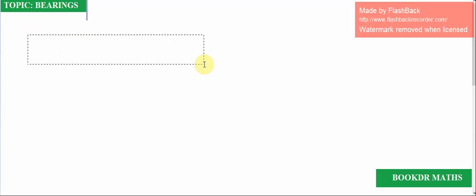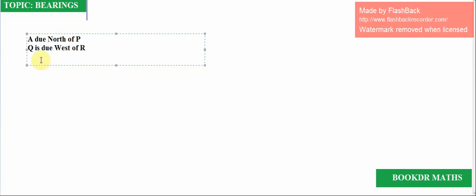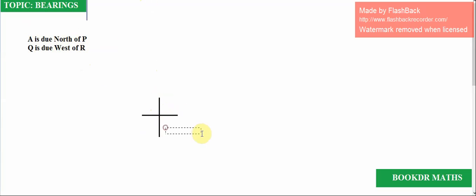Sometimes you will hear something like A is due north of P, Q is due west of R, or something is due south of something. What does it mean? When you say A is due north of P, it means if this is my relative position P, remember, the exact position of P is here, but we can place it anywhere closer.